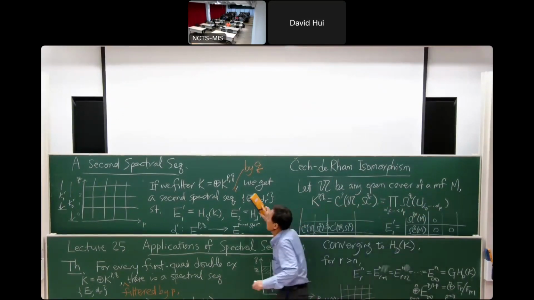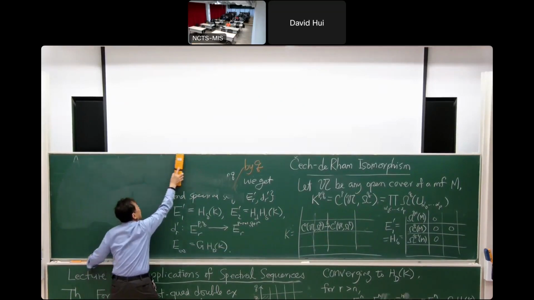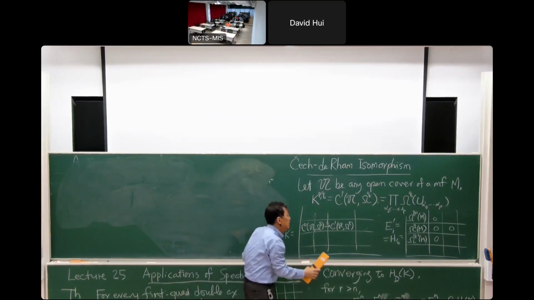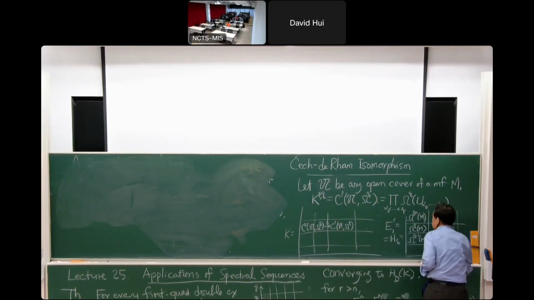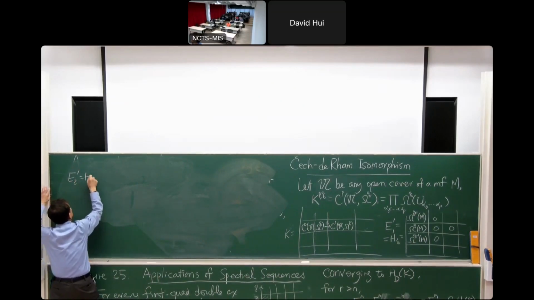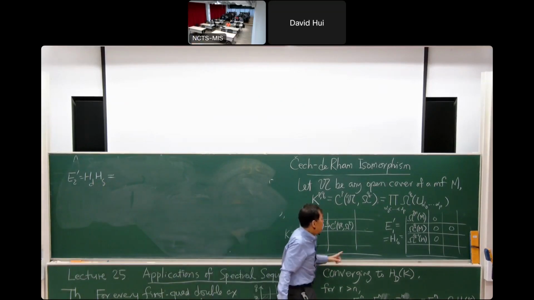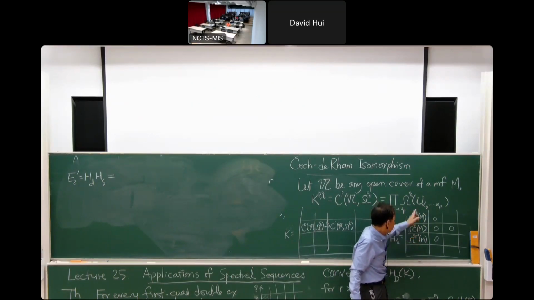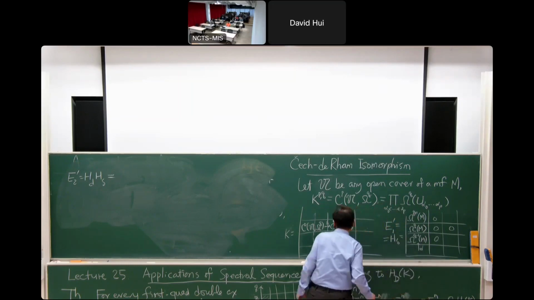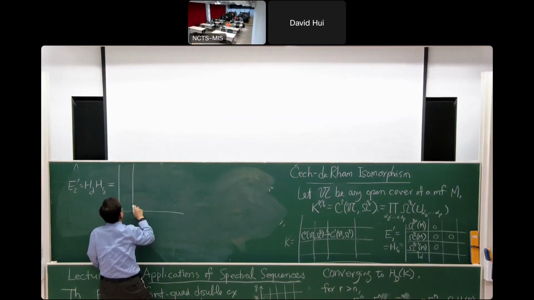So E2 prime is H_D H_δ, and that is going to be the cohomology of the zeroth column with the differential D, and that's the de Rham cohomology. So H_D H_δ looks like this.